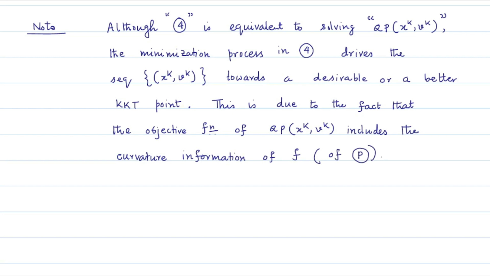But although there is a benefit to solve this QP at the point xk, vk instead of solving 4 to find out the sequence xk, vk, there is a crucial drawback.